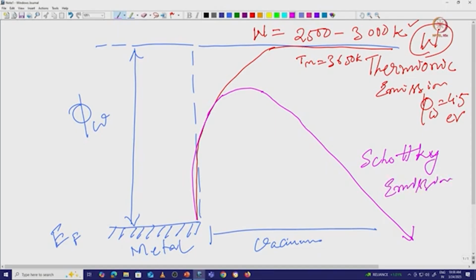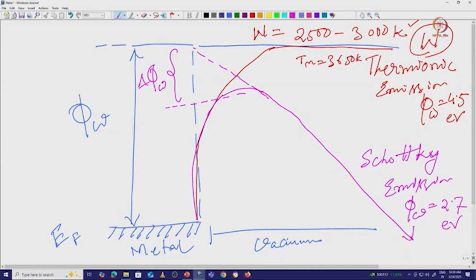You can see there is a change in the work function, which definitely reduces the work function suddenly, and I can denote it like this. So in Schottky emission there is a change in the work function value. What is that value? It will be something like 2.7 eV.